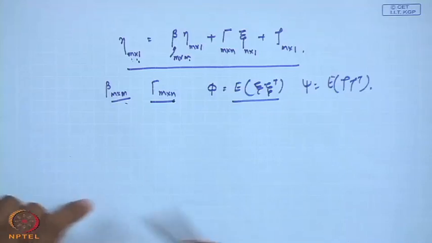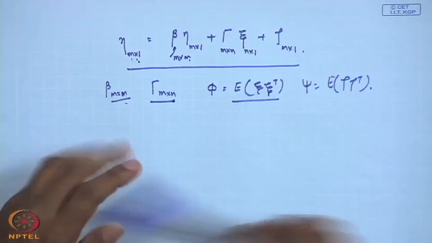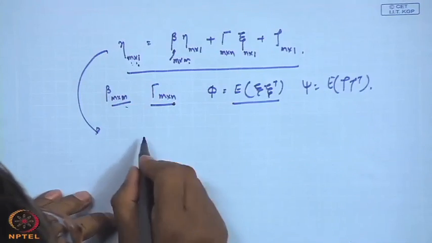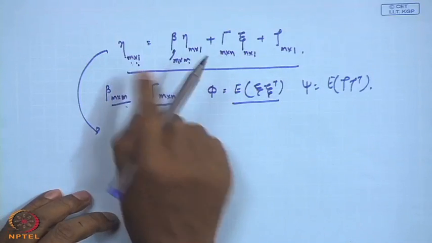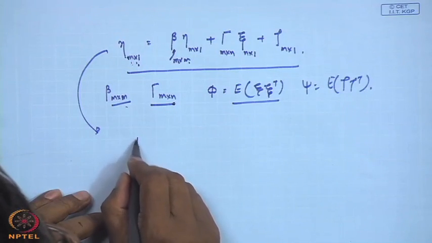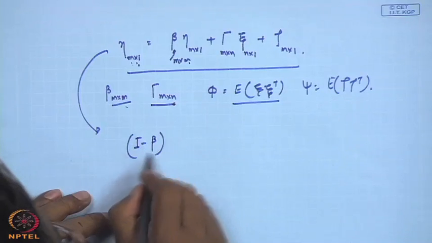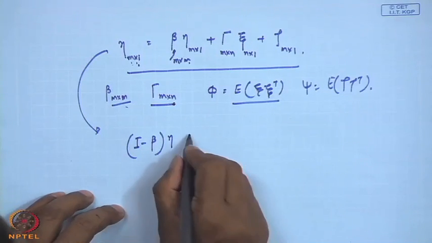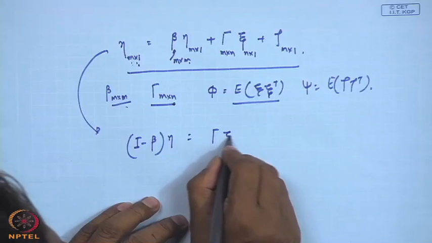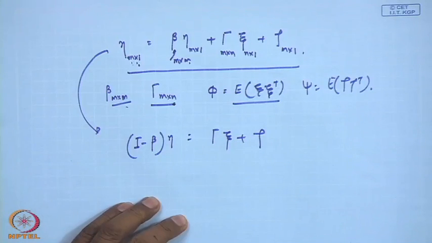If later on we see that any other parameters are required to be estimated. Okay. So, now this equation, since eta is on both sides, I will change it a little bit. We can write (I minus beta) into eta equal to gamma xi plus zeta.